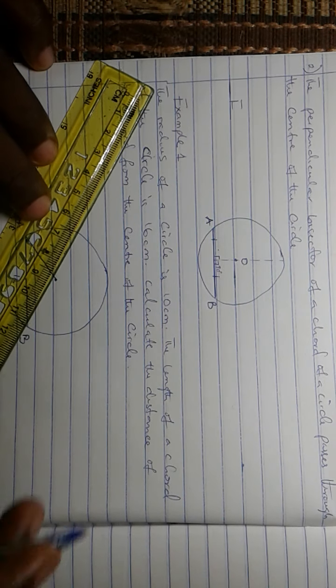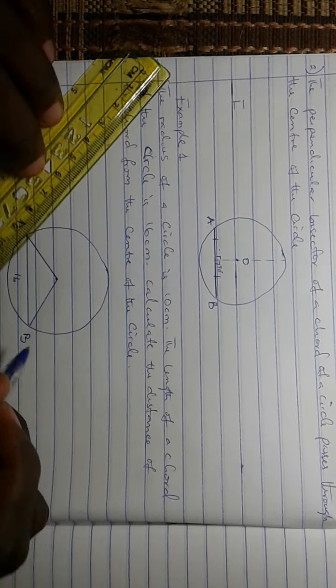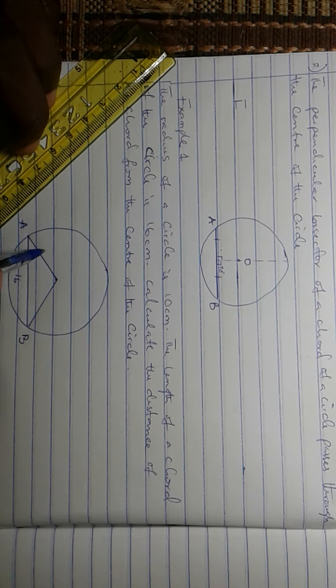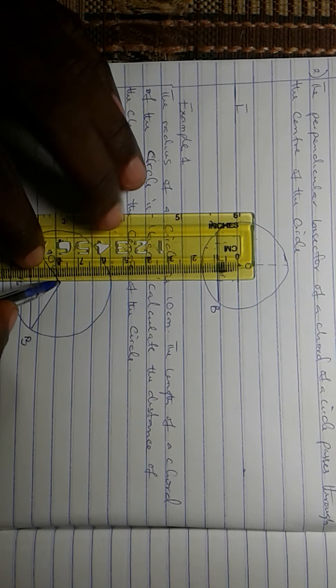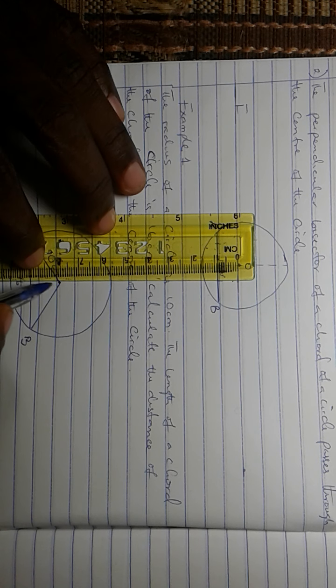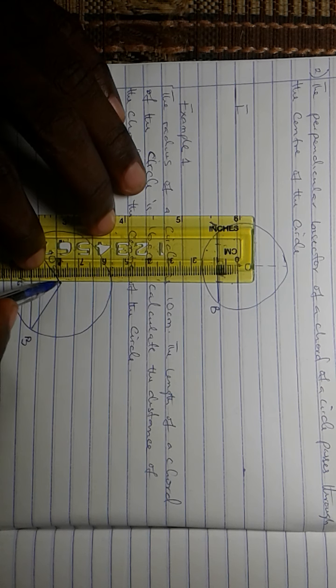Of course, we can also join here if you wish, but we're just going to choose one of the radii. So here is 10 cm, and then this is the line we are told to find, the line joining the chord to the center.